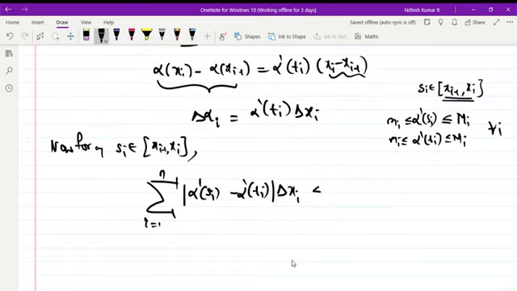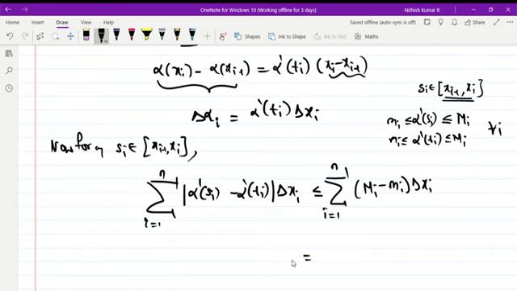Therefore we can say this is less than or equal to summation, i varies from 1 to n, of capital Mi minus small mi into delta xi. Now this is equal to summation capital Mi delta xi minus small mi delta xi.